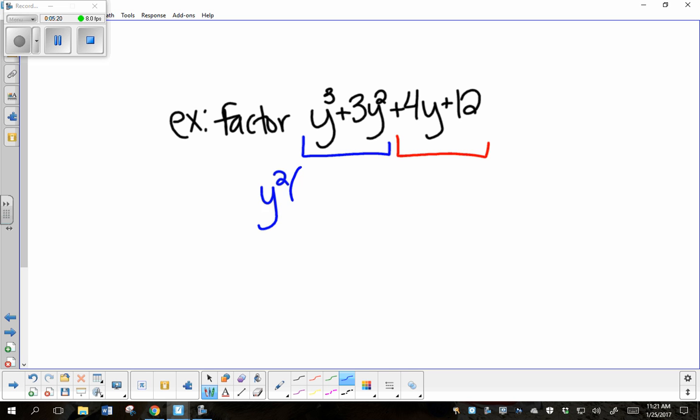Then I write what I'm left with inside my parentheses. I'm left with a y right here, because y to the 3, taking out a y squared, is just y. And then I'm left with a plus 3, because if I distributed this, I would want to end up with what we have here.